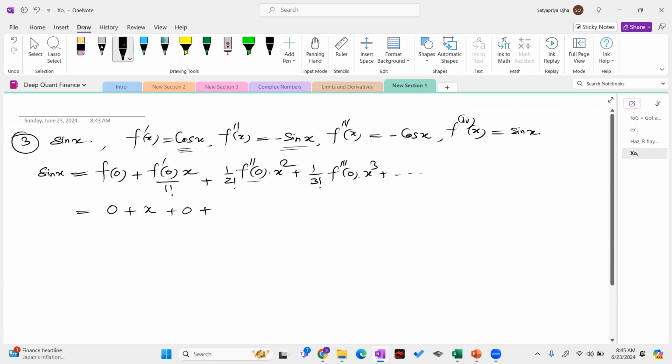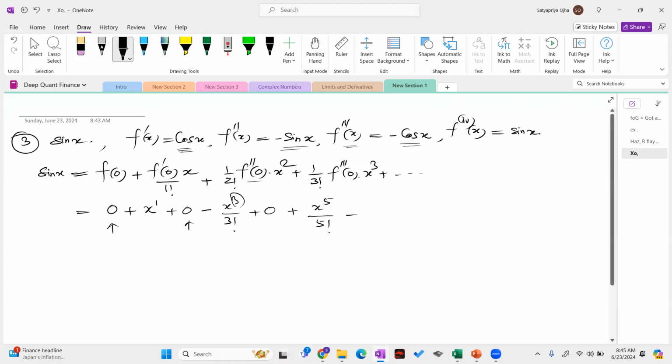X cube, triple derivative. This is cos 0 is 1. Minus cos 0 is minus 1. So minus x cube by 3 factorial, plus it will become 0. So it will alternate. Every alternate term is 0, and then you retain the odd powers. X to the power 1 will be there. X to the power 3 would be there with alternating signs. So x to the power 5 will come.